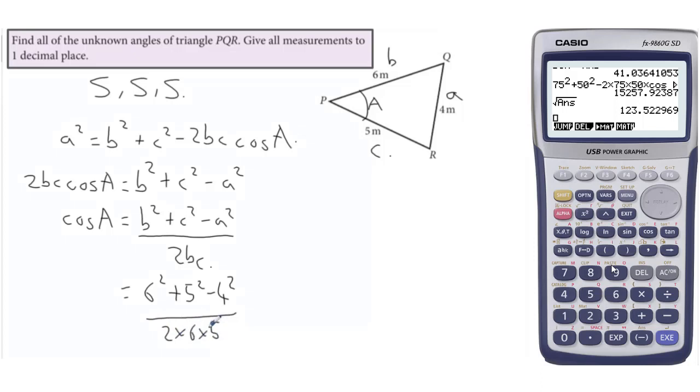And that gives us an answer for cos A. So 6 squared plus 5 squared minus 4 squared, all over 2 times 6 times 5. That gives us 3 over 4, quite a nice number.